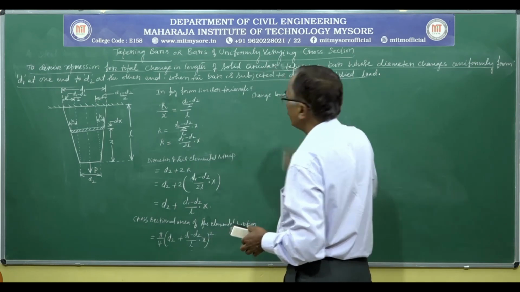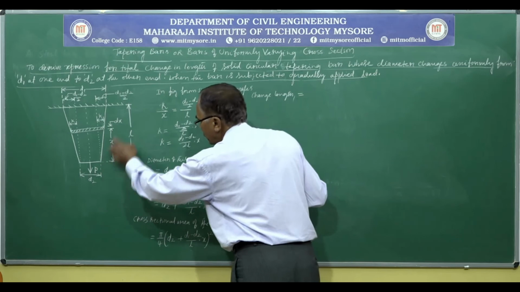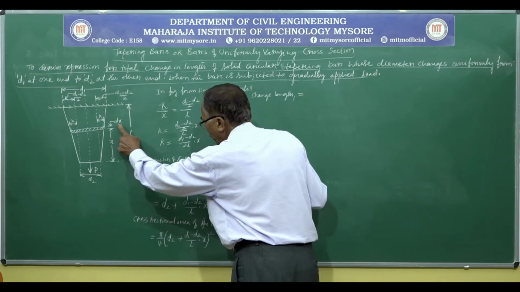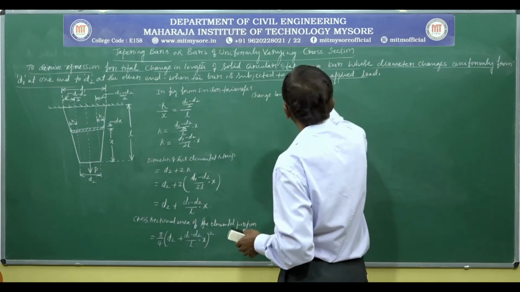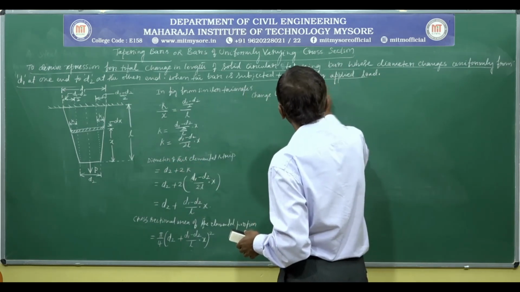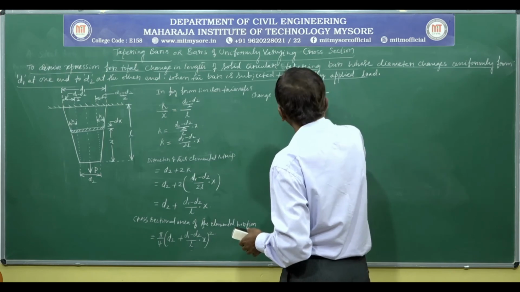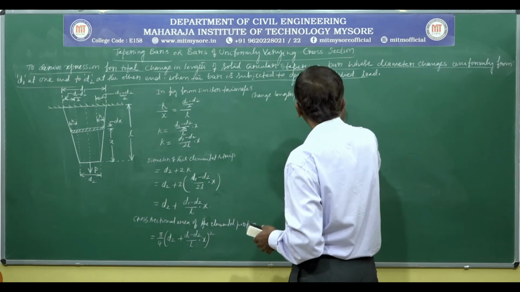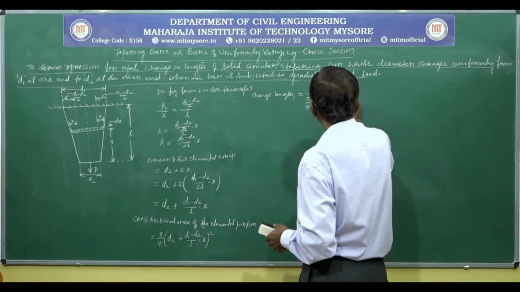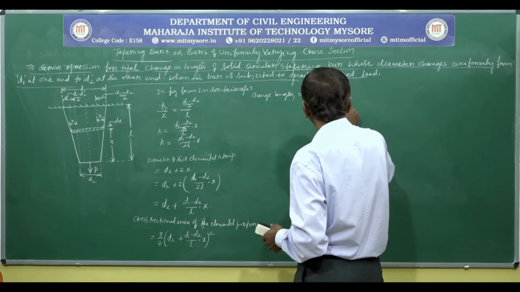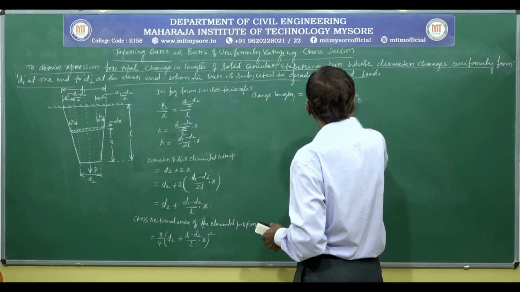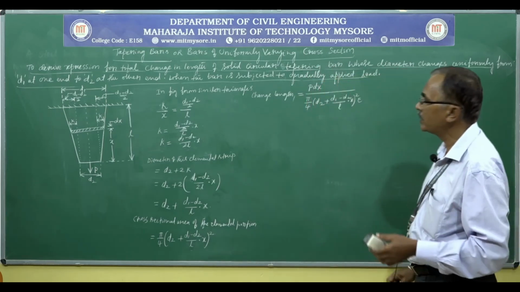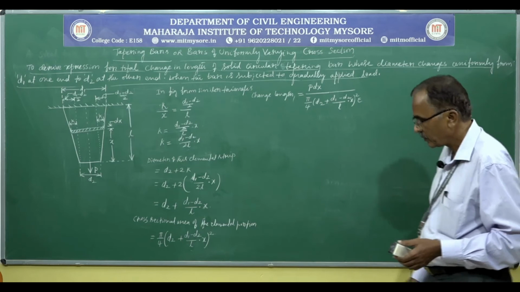The applied load is P, L is dx, so change in length is P into dx divided by A into E, that is pi by 4 into (d2 plus (d1 minus d2) divided by L into x) square into E. So, this is the change in length of the elemental strip.